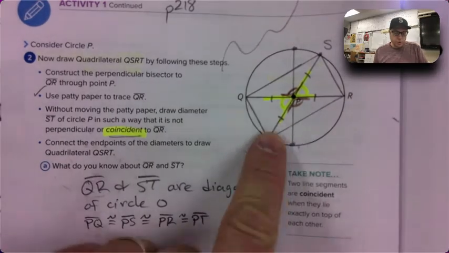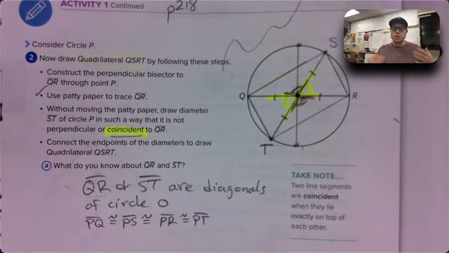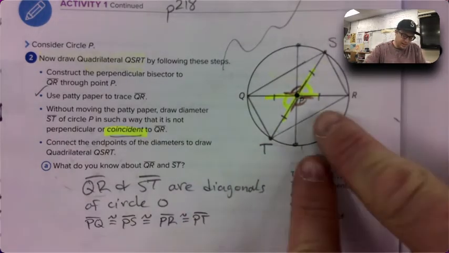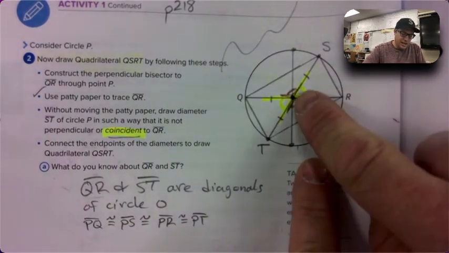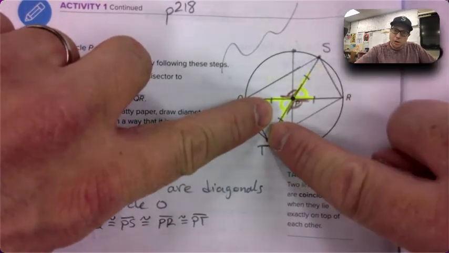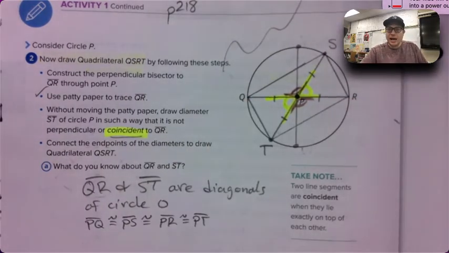That's what I drew with the spikes all the way around. So spike, spike, spike, and spike. Those are all radii, therefore they are congruent. But PS and PT, the full length of it is a diagonal. PQ, PR, the full length of that is a diagonal.